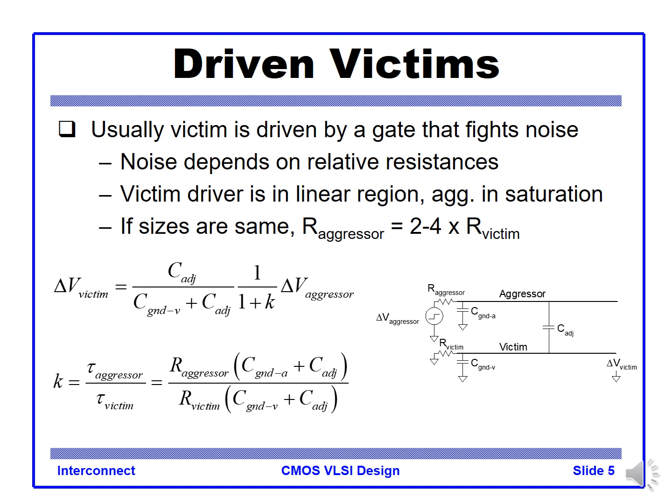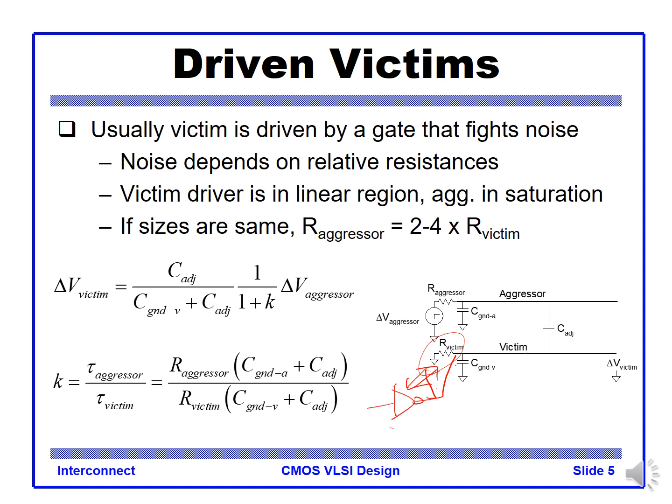Now in the previous case, we assumed that the victim is floating. What if the victim is also driven to ground through the R victim? That is typically driven by an inverter. This line is the inverter modeling there.